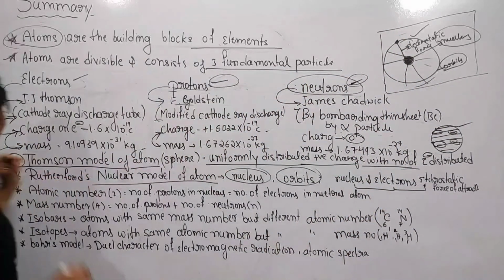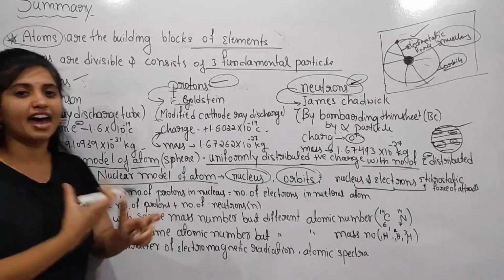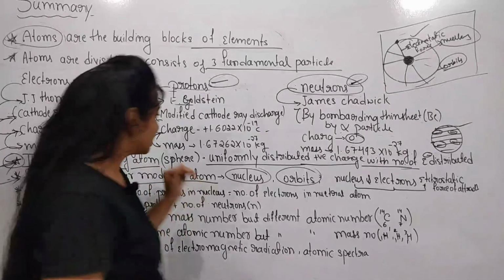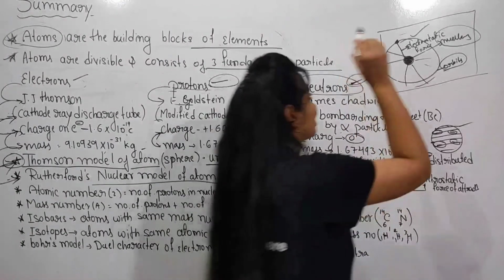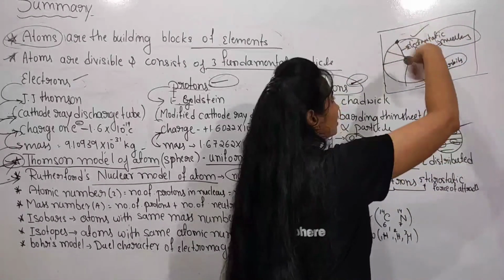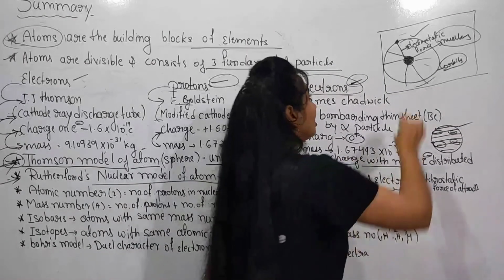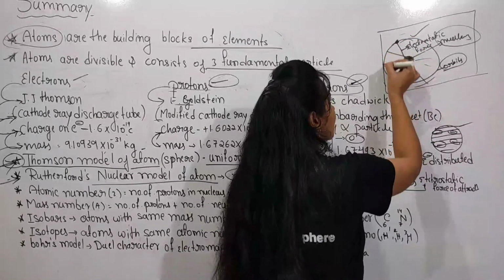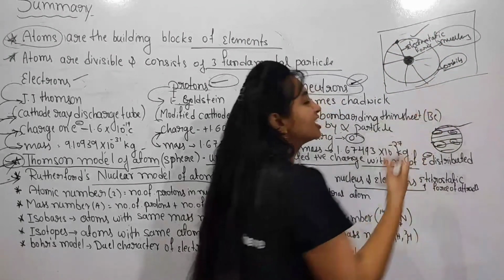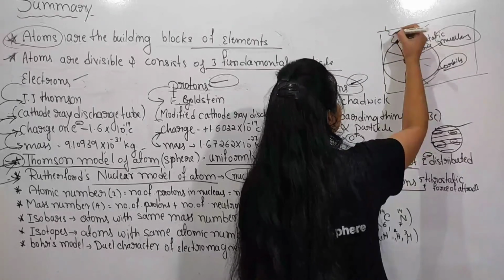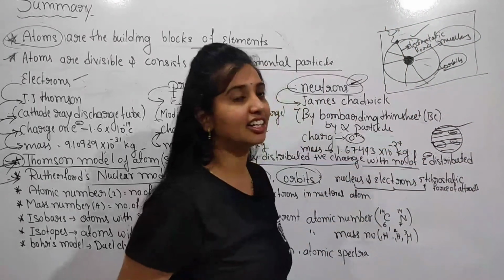But he fails to explain some facts about the structure of an atom. He says the electrons continuously revolve around the nucleus. But according to Maxwell, when a charged body moves around the nucleus, it gets accelerated and emits energy in the form of electromagnetic radiation.